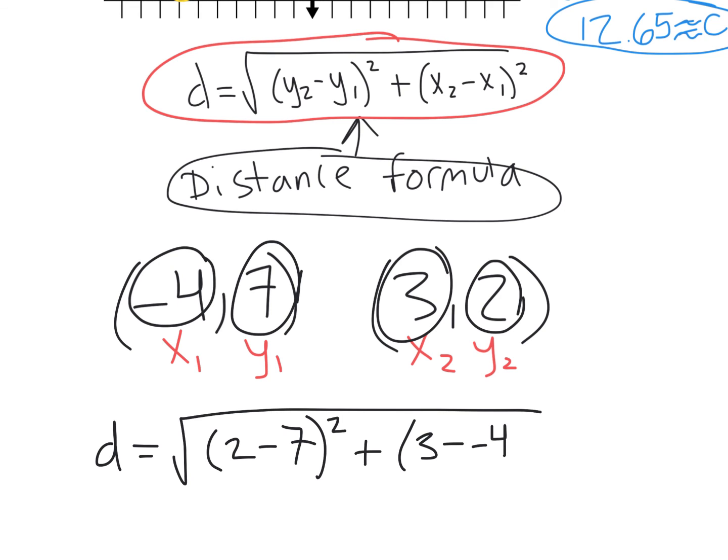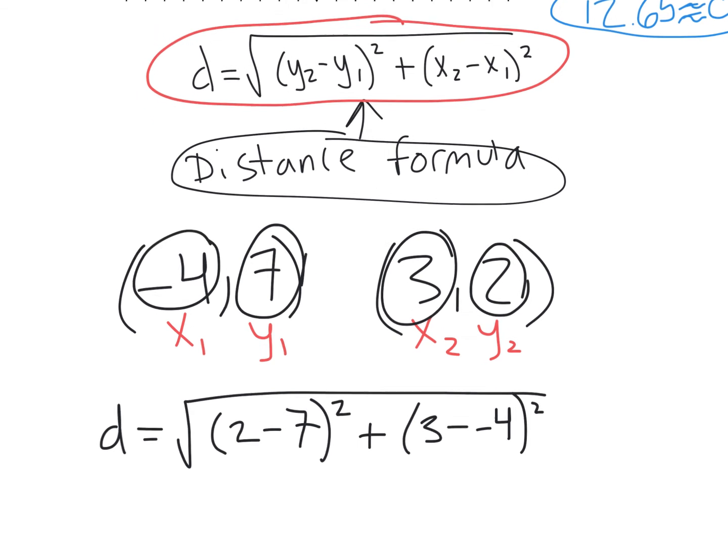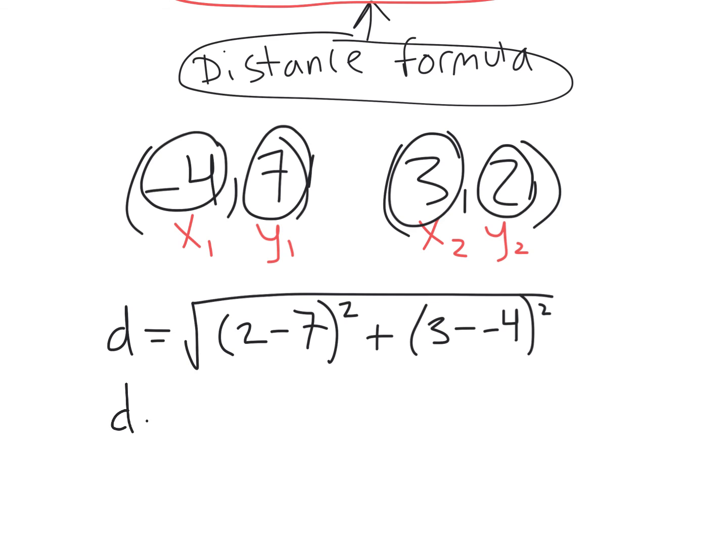So -4 squared. That's our whole distance formula there. Now we're going to work this out. So d is equal to the square root of 2 minus 7 is 5, so 5 squared, plus 3 minus -4. Well, that's really like adding them, so 7 squared.